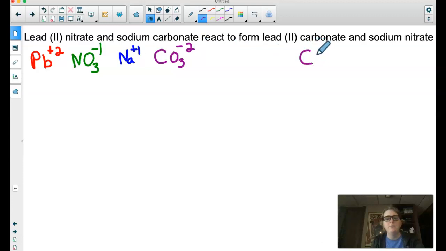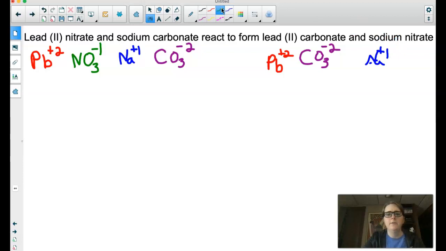And then each piece is going to still have that same charge at the end. So I've got carbonate is -2, and then my lead is still a +2. And then sodium is still Na with a +1 charge.